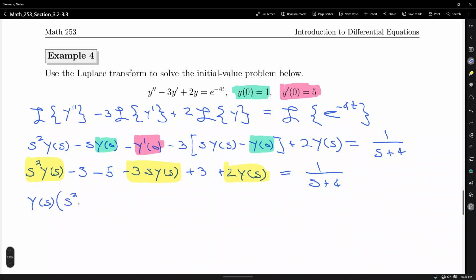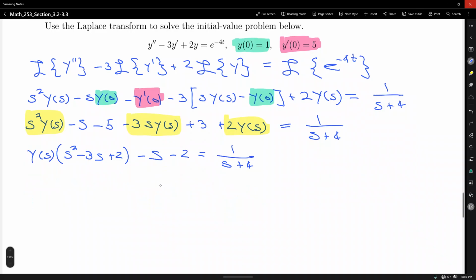So that is s squared minus 3s plus 2. And over here, negative 5 plus 3 is negative 2, which is minus s minus 2, equals 1 over s plus 4.